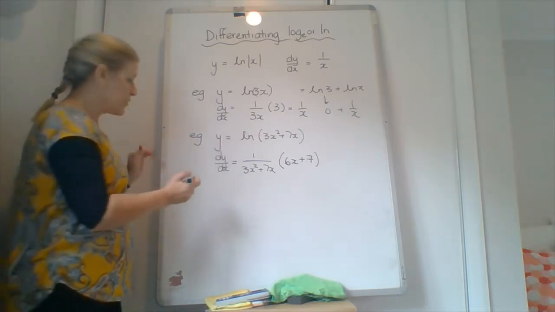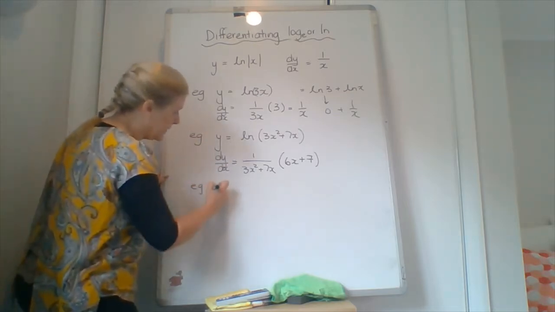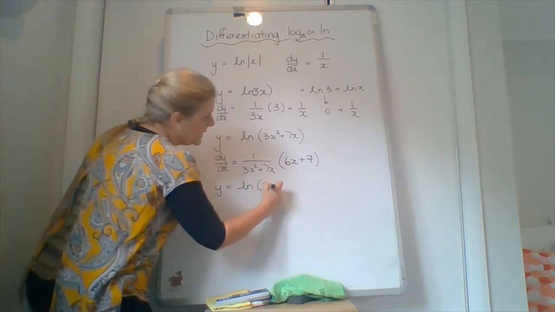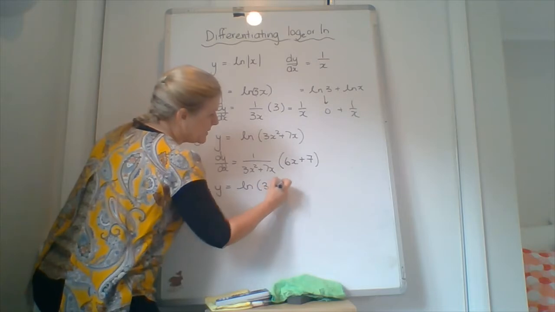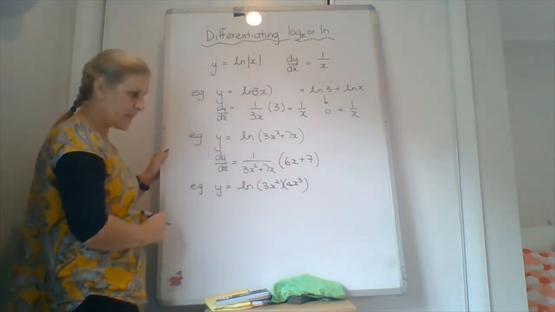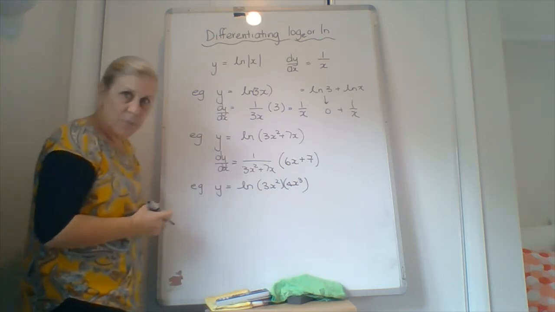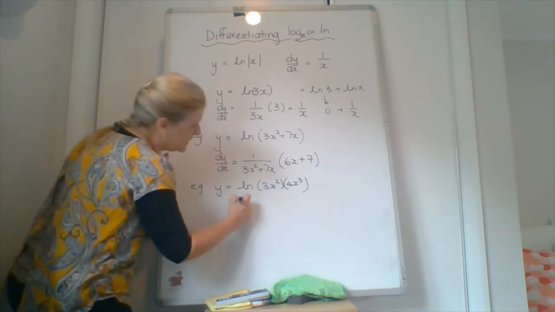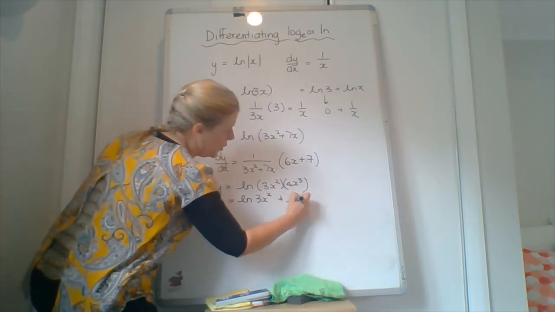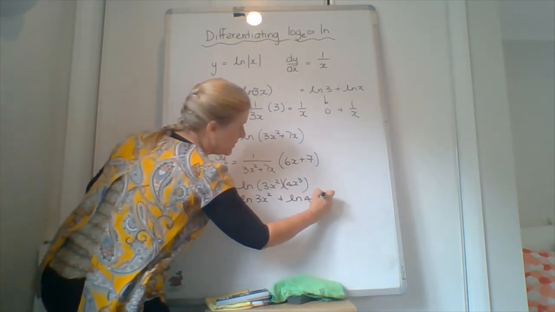So they might ask you to do something like this. y equals ln of 3x squared times 4x cubed, right? We don't need to use the product rule for this one. We can actually split it up into ln of 3x squared plus ln of 4x cubed.